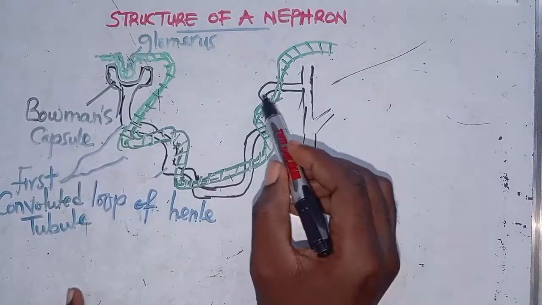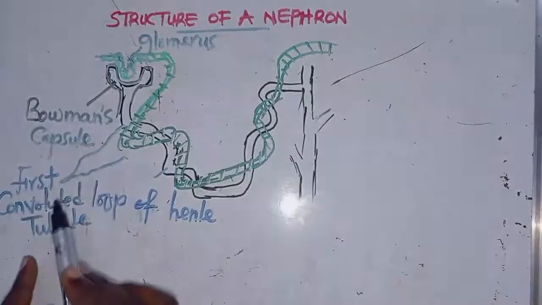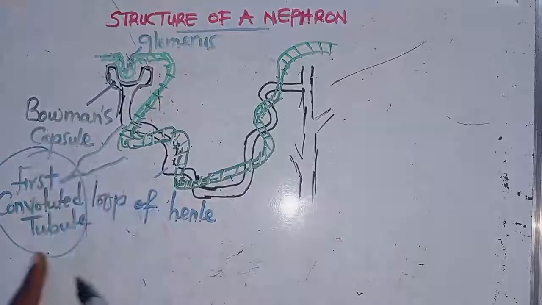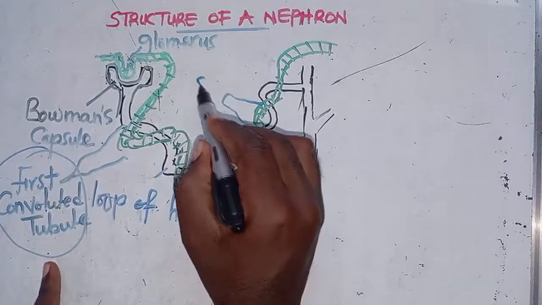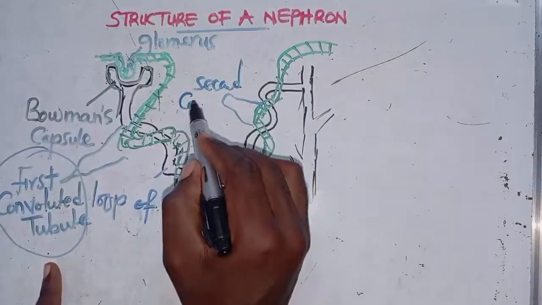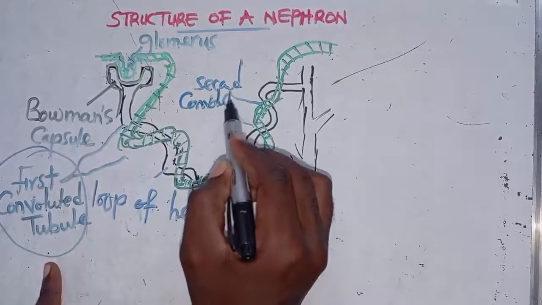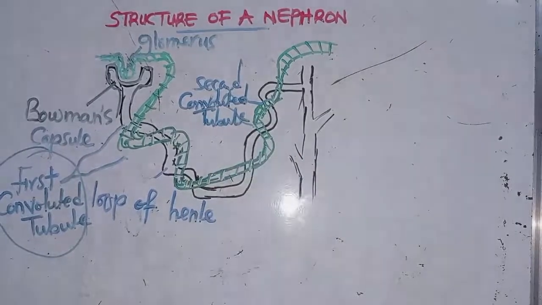Then I'm going to explain to you the functions of this first convoluted part. Then even this one that is there, this is the second convoluted tubule. These ones that I've labeled are the most important.